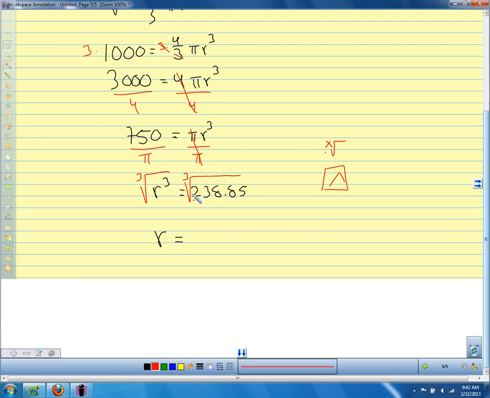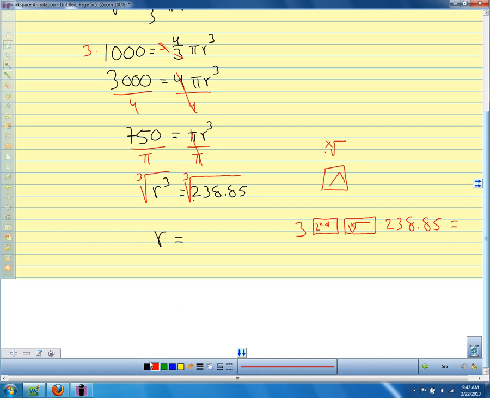So to find the cube root in your calculator, you would do 3, and then you would hit the second button, and then you hit the key that has this above it. So that tells us to do the cube root, and then you would put in your 238.85 and hit equals.